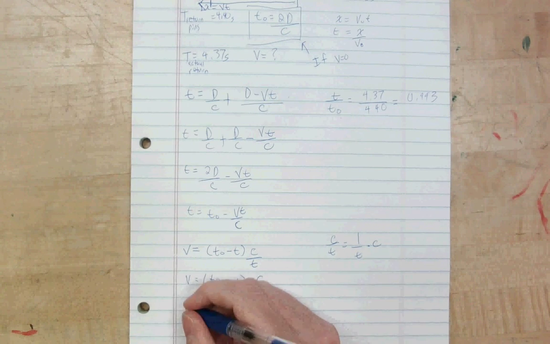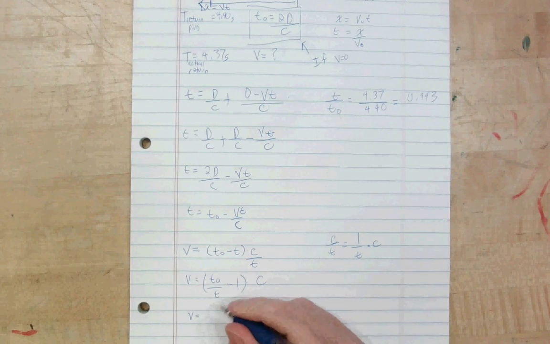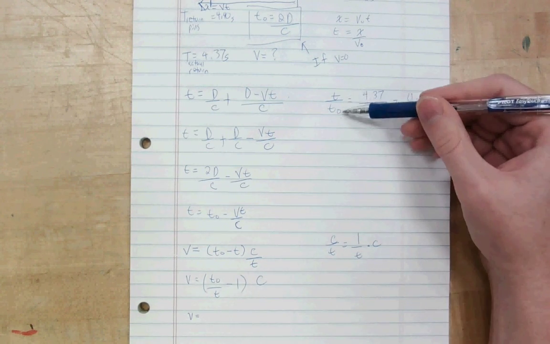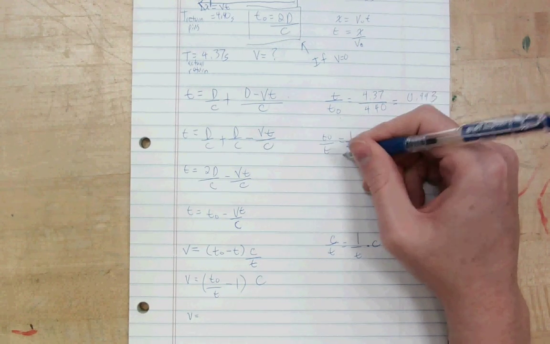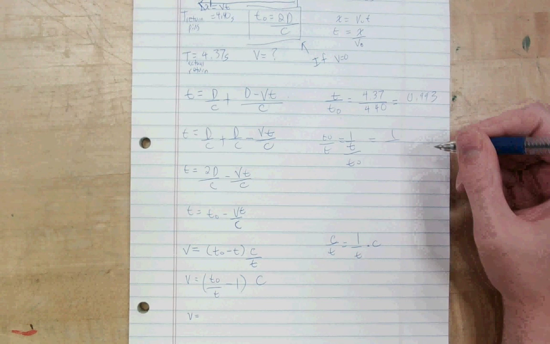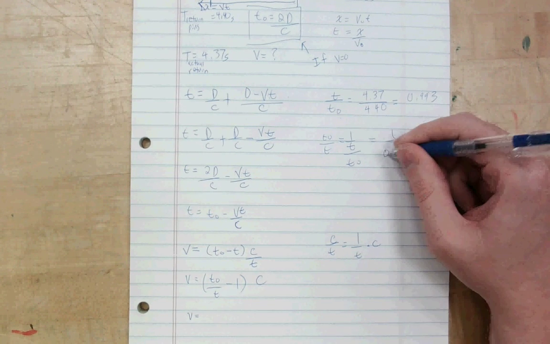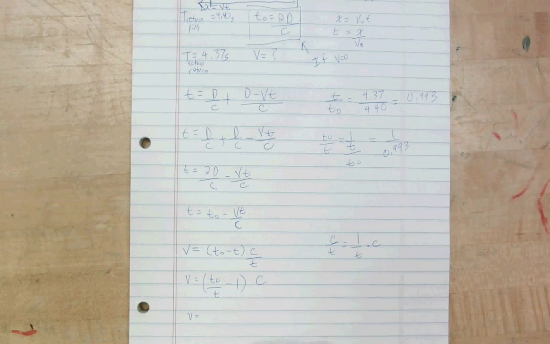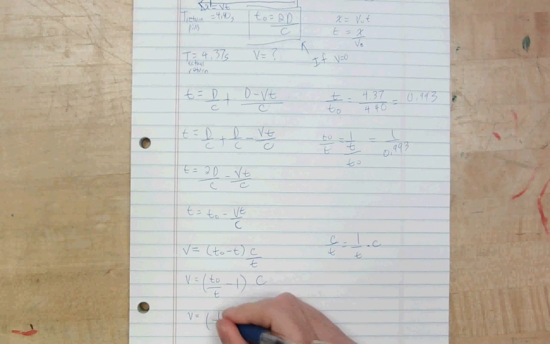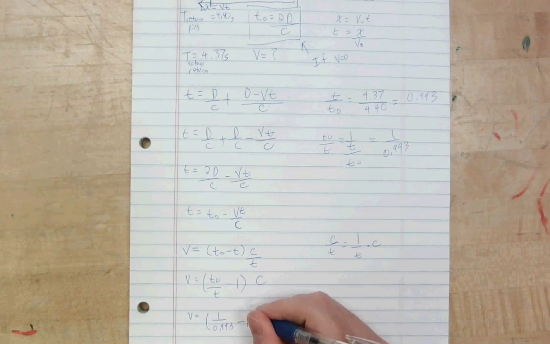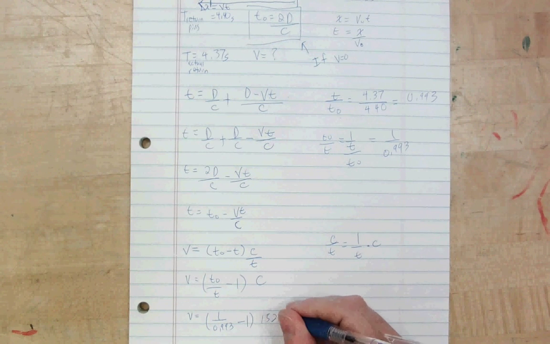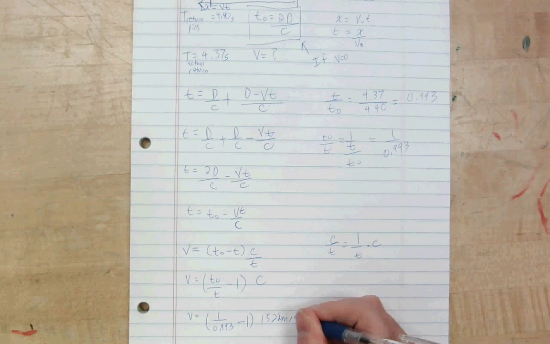Okay, now it's just v equals, t naught over t is the inverse of this, so t naught over t equals 1 over t over t naught, which would be 1 over 0.993. So I have 1 over 0.993 minus 1 times 1,522 meters per second.